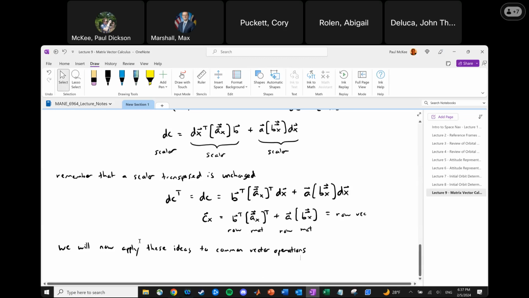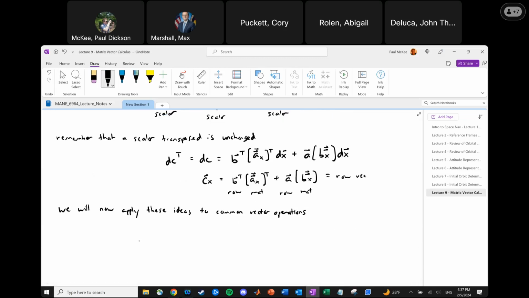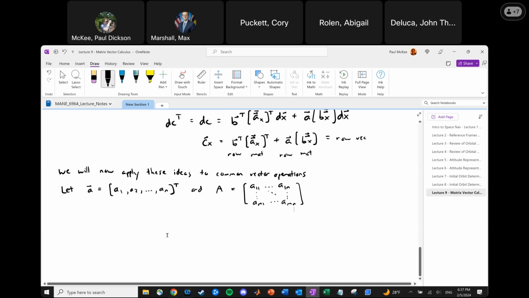So let the vector A be a column vector, A1, A2 to AN transpose, and we'll let the matrix A be A11 to A1N to AM1 to AMN. And this is just any vector A and any matrix big A, right? So here's an example.